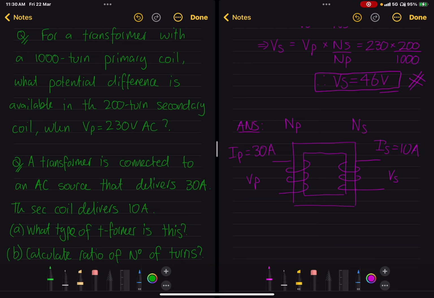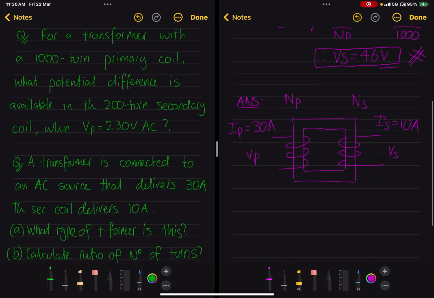Now we have two ideal transformer laws. One of our ideal transformer laws links voltages and currents. So we know, this is the power in equals power out rule, that Vp Ip is equal to Vs Is.